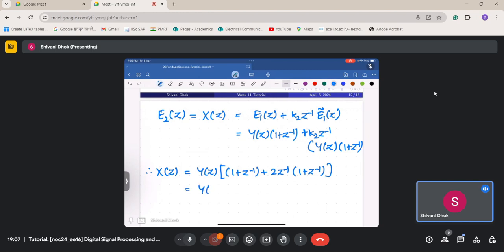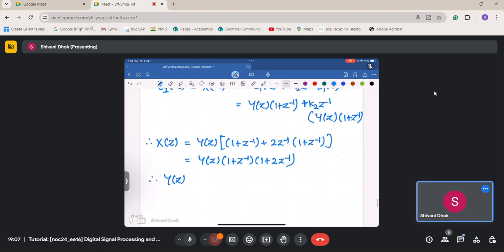I can take out 1 plus z inverse common. So therefore y of z upon x of z, which is equal to h of z, is equal to 1 upon 1 plus z inverse into 1 plus 2z inverse. Is this part clear? Any questions?